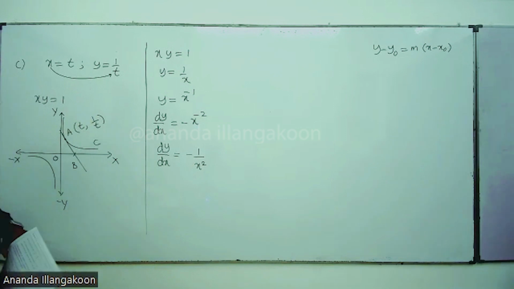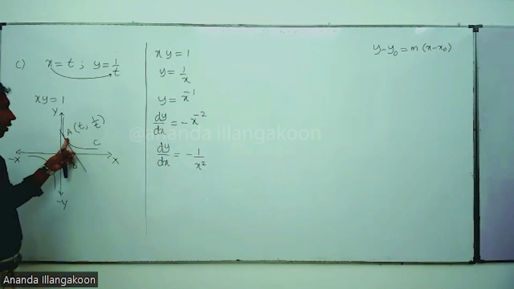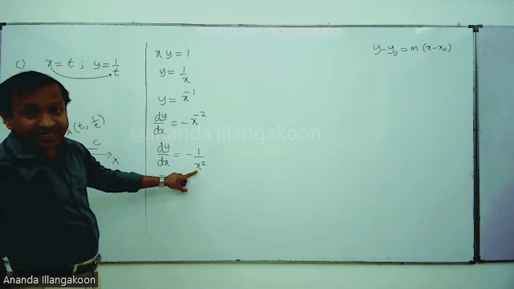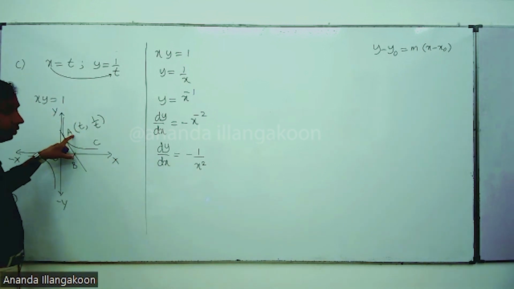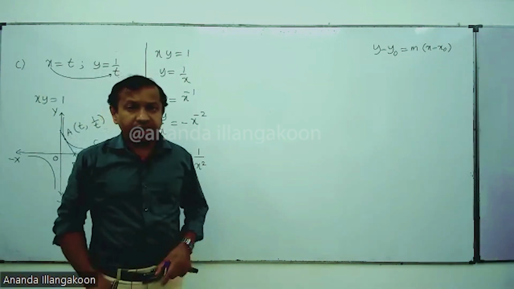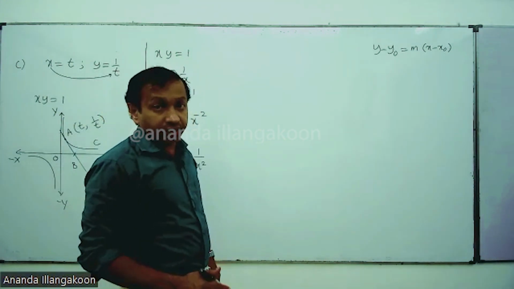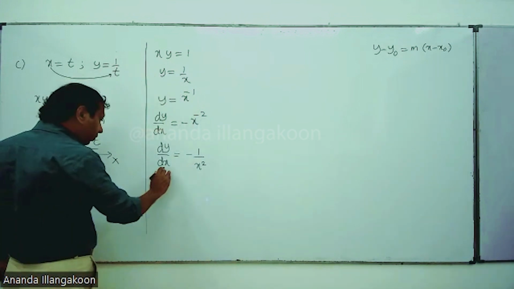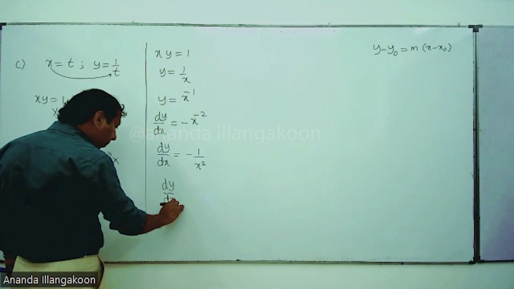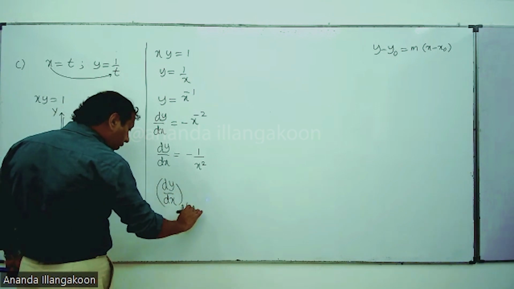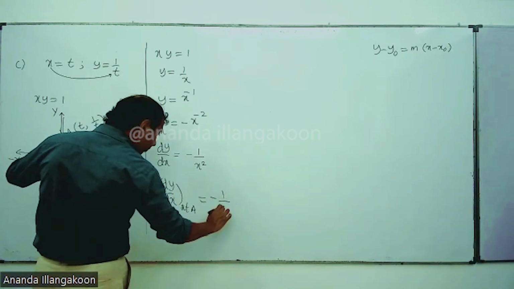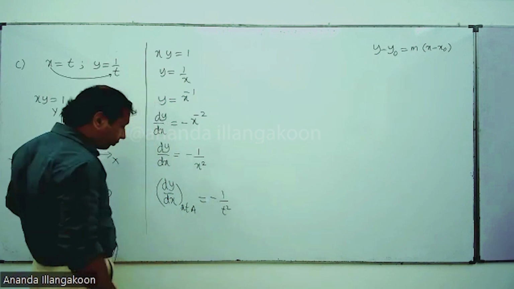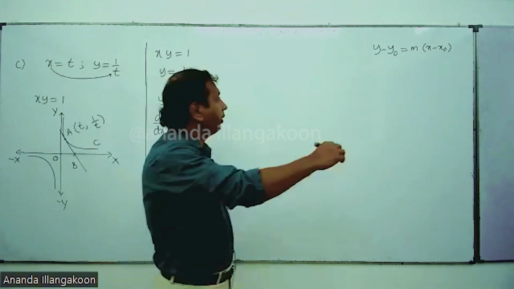Now dy by dx is the gradient. But we need the gradient at the point A. Since the gradient function contains x squared, here x means the x coordinate of the point on the curve C where we need the gradient. Gradient means m. So dy by dx at A, its x coordinate should be put here: minus 1 over t squared, since the x coordinate is t. Now this is the m here.